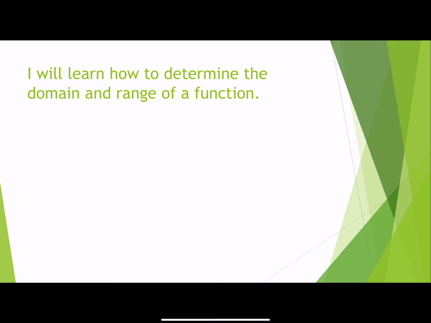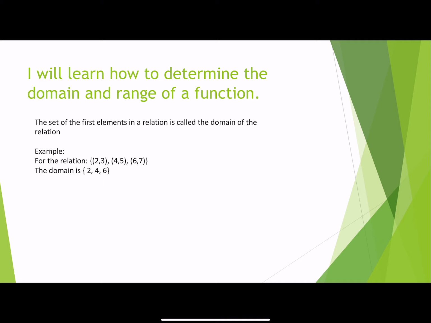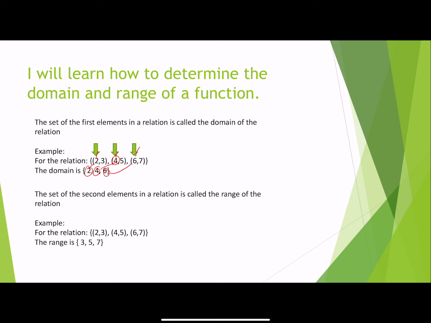Now, domain and range. The set of first elements in the relationship is called the domain of the relation. So this and this end up getting 2, 4, and 6. It's basically my x values. The set of second elements in a relationship is called the range.